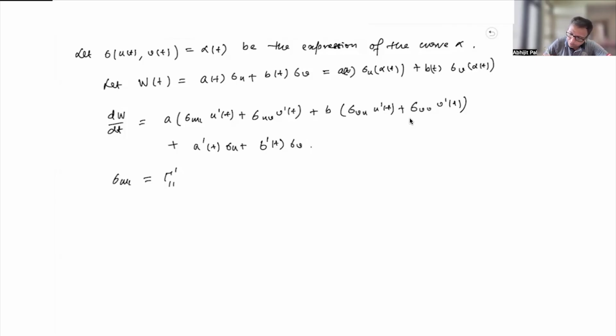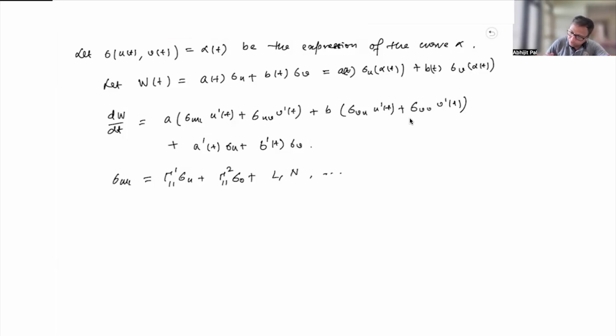So sigma_uu was gamma^1_11 sigma_u plus gamma^2_11 sigma_v plus L1 times the normal vector. And similarly, we have the expressions of sigma_uv, sigma_vu, and sigma_vv. So I'll not write all those things.